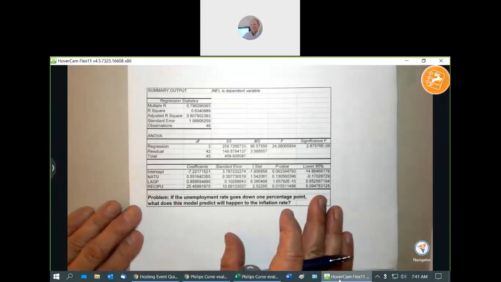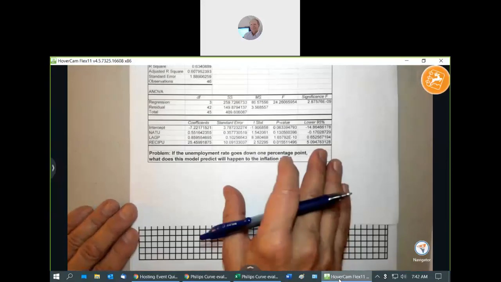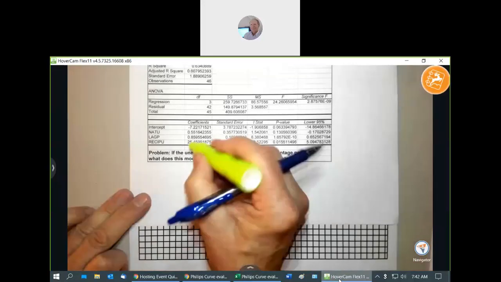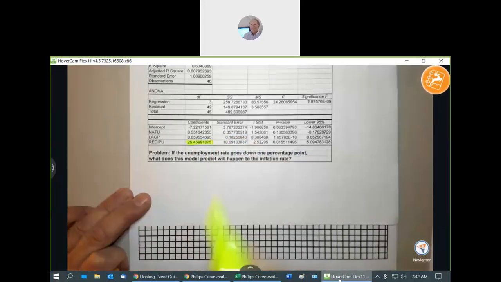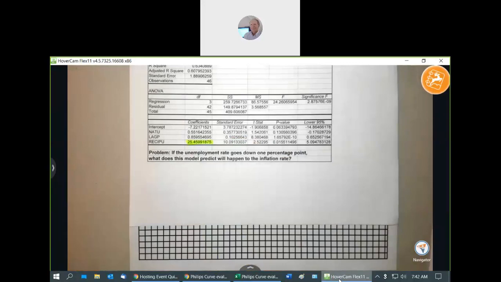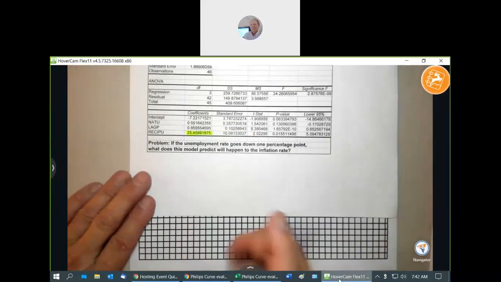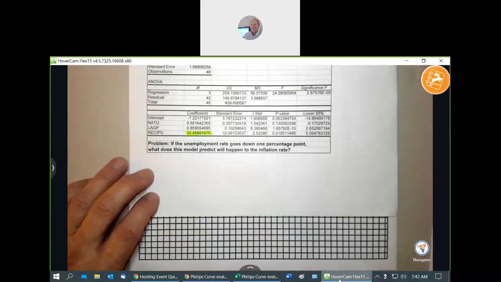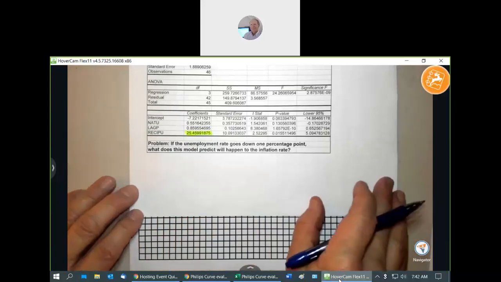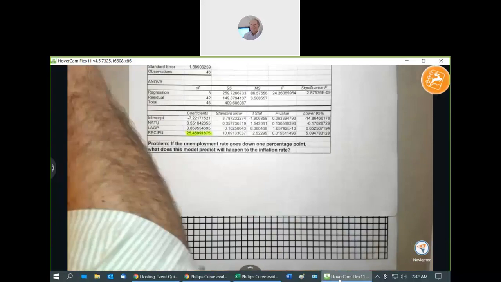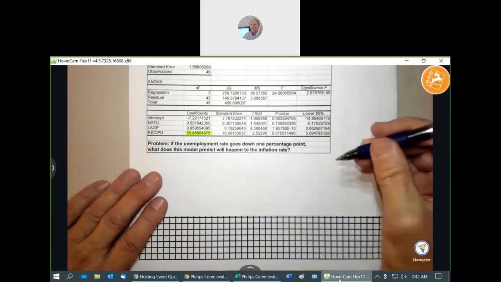I just blew this up so we could have a good look at it. And the number that we are most concerned with is making some sense out of that 25.46, whatever it is there. And the problem that's stated here: if the unemployment rate goes down 1 percentage point, what does this model predict will happen to the inflation rate?